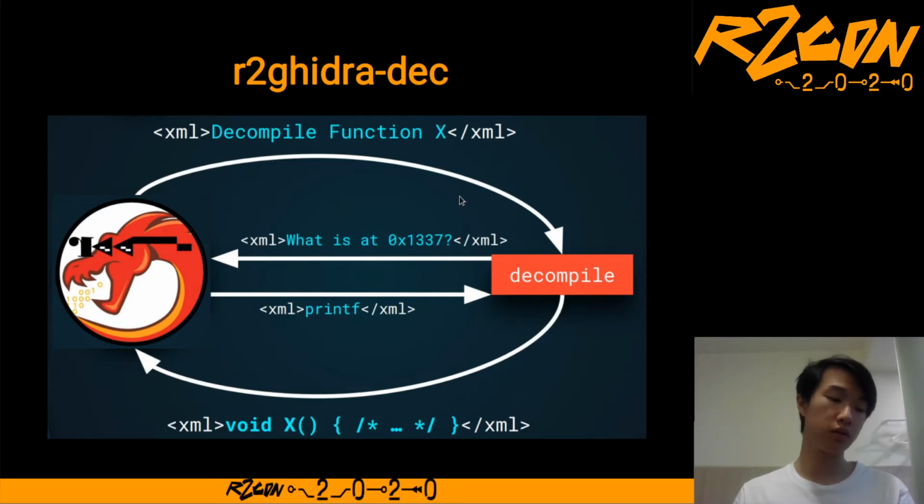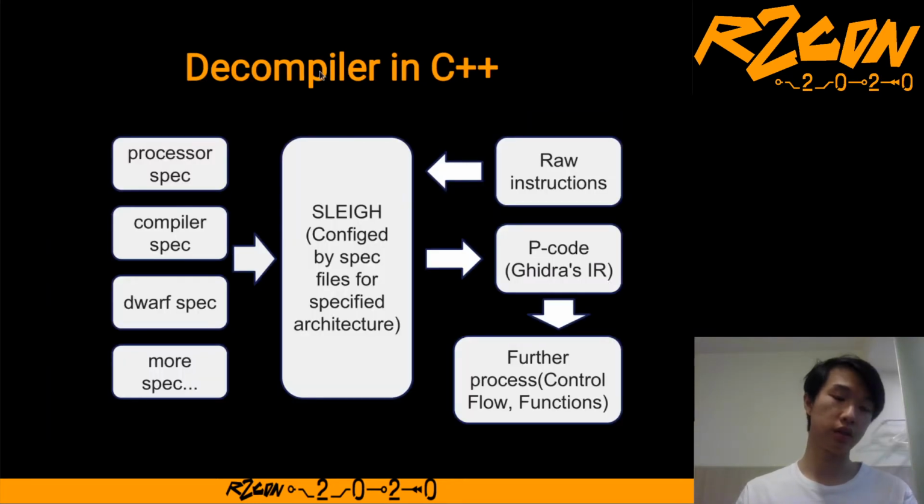Let's take a closer look at the decompiler of Ghidra. First, it contains the SLEIGH engine. It's the main disassembler used in Ghidra. It will read a bunch of specs, like the processor spec, the compiler spec, and more. Each spec is associated with one certain architecture, like ARM or MIPS.